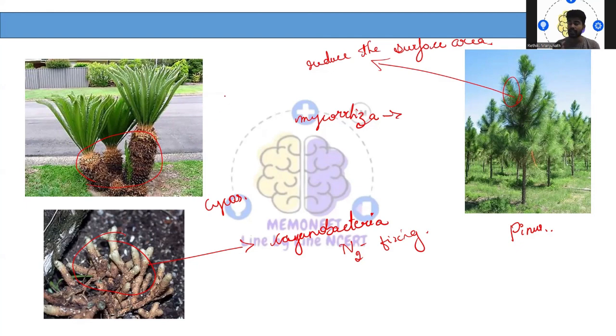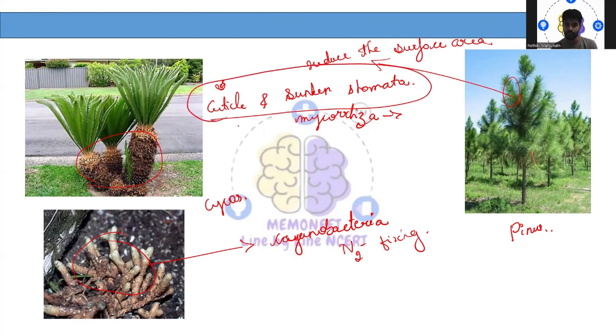Then you also see some cuticle or shrunken kind of leaf structures. So they actually help. That is, on the leaf you will see the cuticle as well as sunken stomata. So what is this going to do?